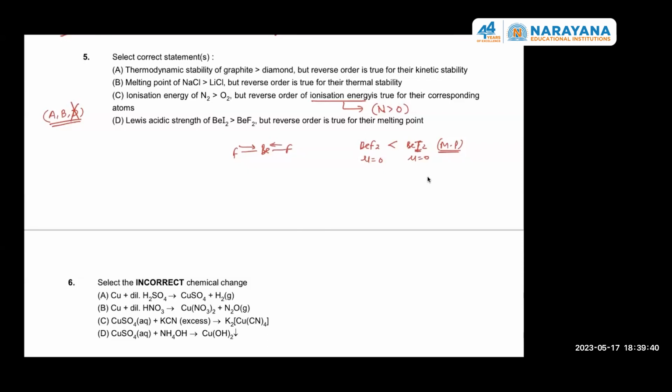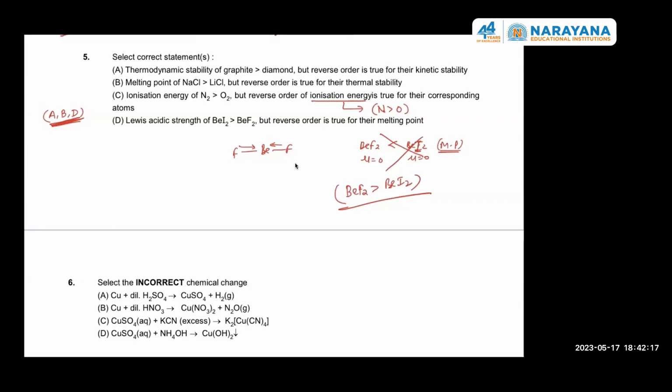Okay, so D will be the correct case. ABD is correct. So BeF2 has a higher melting point than BeI2 because of that packing. BeF2 can pack more easily than BeI2. Yes. Okay, fine. The correct answer is ABD.